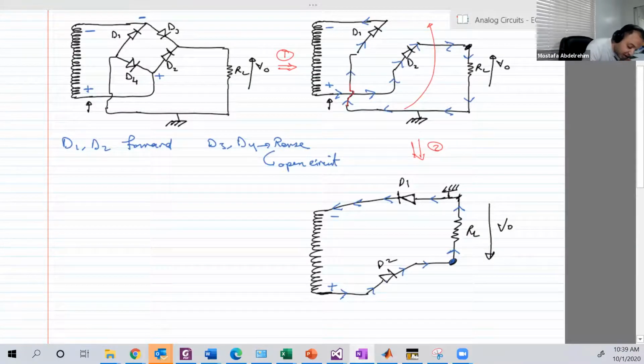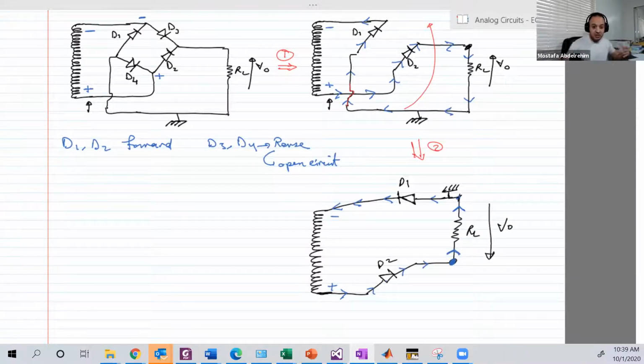So again, the current is flowing from this point to the ground, just like the negative half cycle. So the voltage V output is from ground to this point, which means that this point has a higher voltage than this one. So same current direction with same sign, of course. Same voltage direction with the same sign, of course. So we are very good.